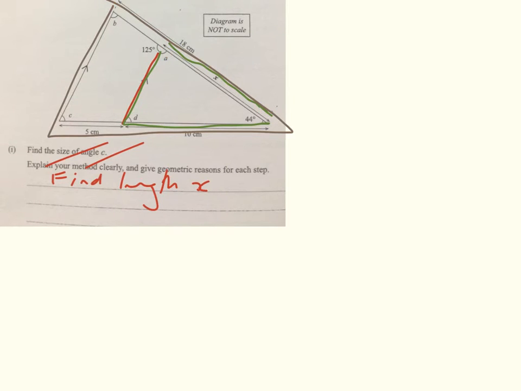So I can show that by saying that angle A equals angle B. Why does angle A equal angle B? Corresponding angles, yep. Angles on parallel lines, so they're equal. So I can put a little line on that and a little line on that, showing they're the same.